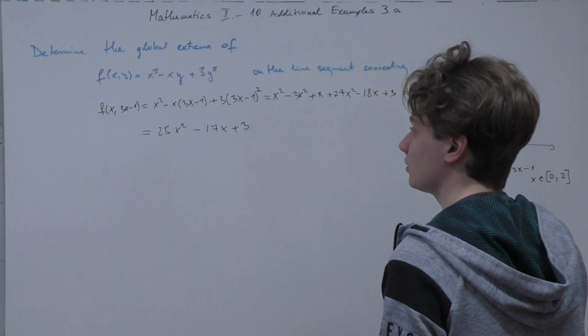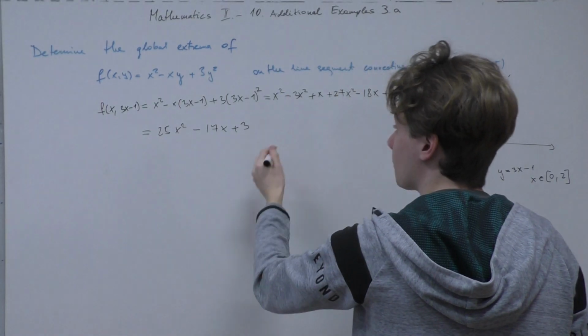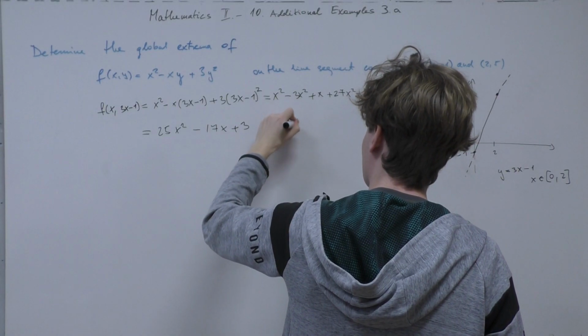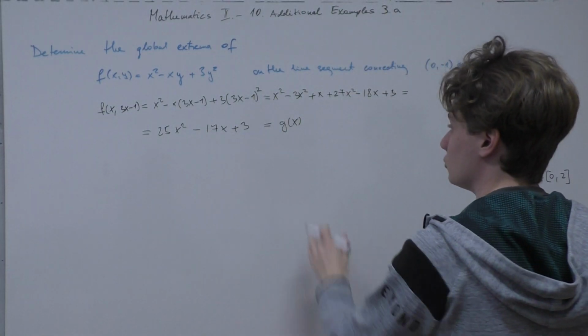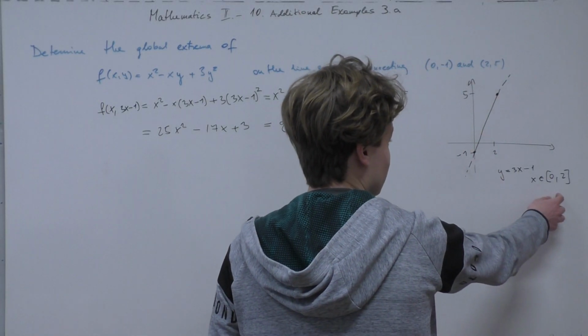And as you can see, now you only have one variable in this expression, and this means that this is a function of one variable. So this will be g(x), and don't forget that x must be between 0 and 2.